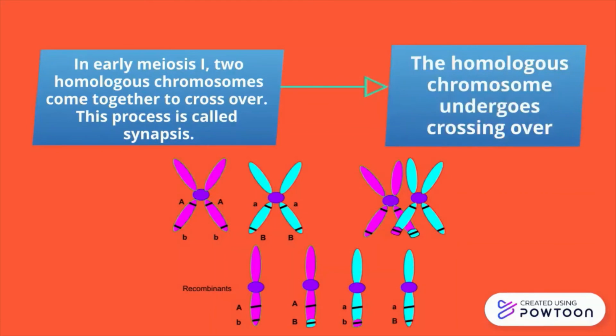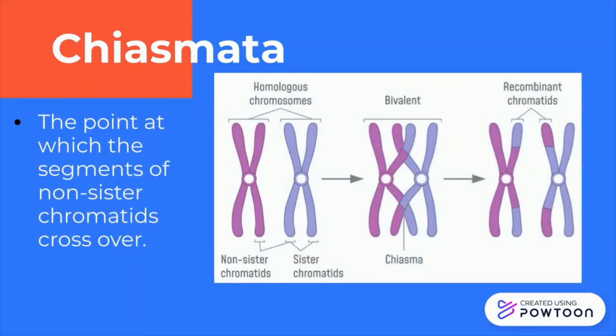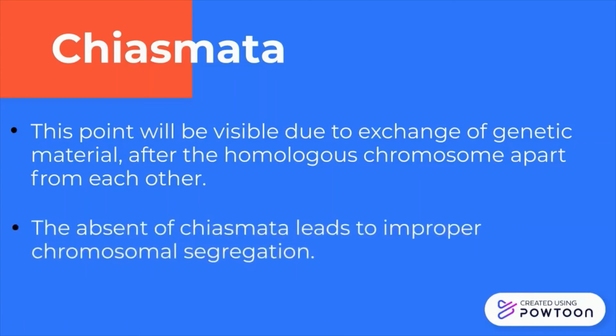Then the homologous chromosomes undergo crossing over, which is the exchange of genetic material between the non-sister chromatids. Chiasmata is the point at which the segments of non-sister chromatids cross over. Eventually, this point will be visible due to the exchange of genetic material after the homologous chromosomes move apart from each other. The absence of chiasmata leads to improper chromosomal segregation.